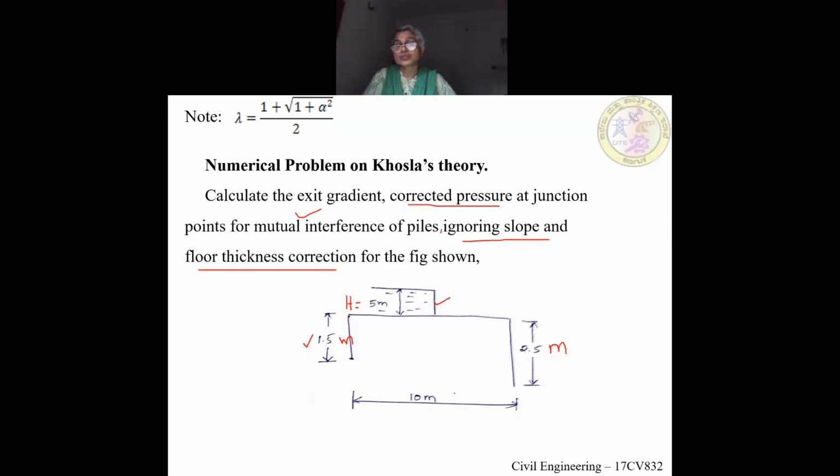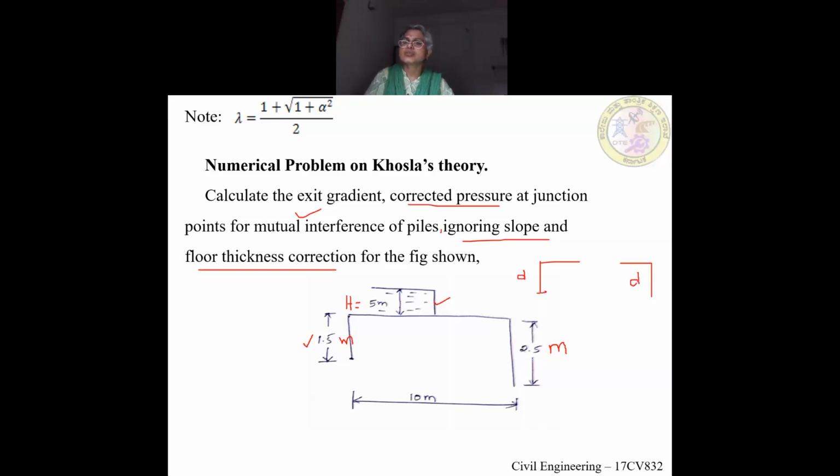This you have to note because the depths of the sheet piles on the upstream side and the downstream side are different, whereas Khosla's formulas are given when the upstream and the downstream sheet piles have the same depth d.